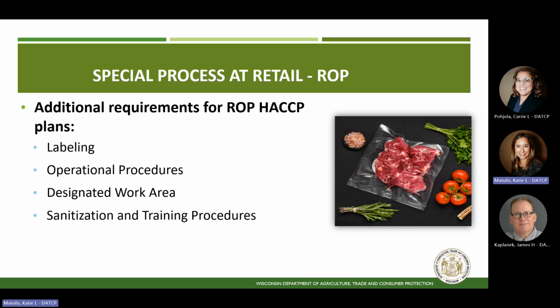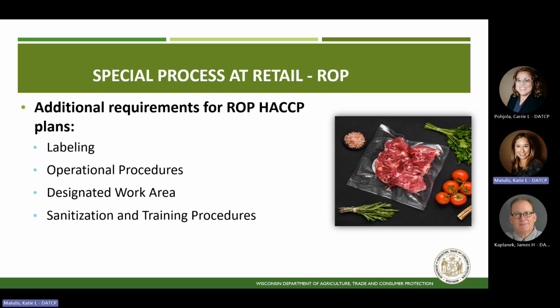The HACCP plan should also describe a training program that ensures that the individual responsible for the reduced oxygen packaging operation understands the equipment, facilities, and concepts required for a safe operation.